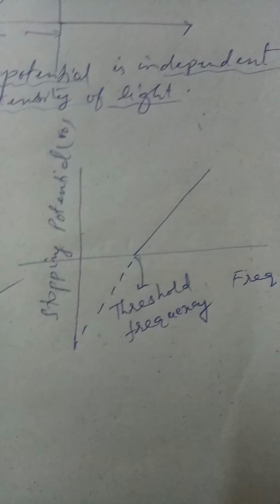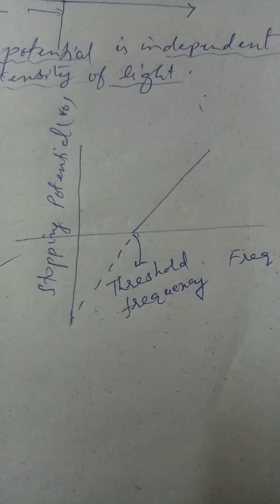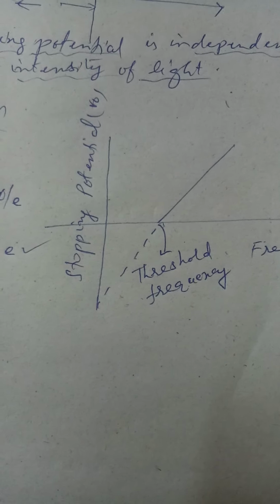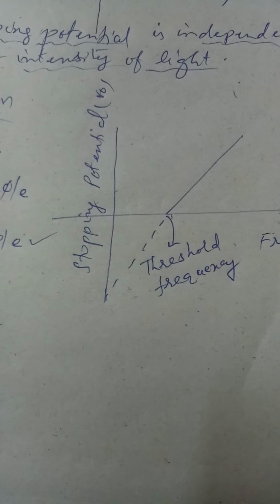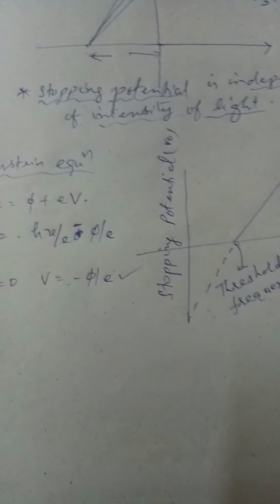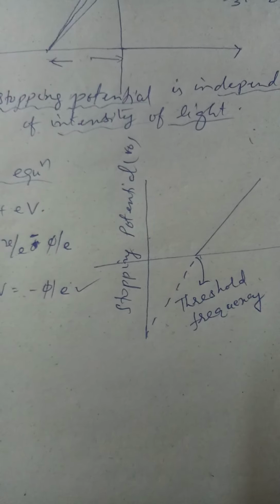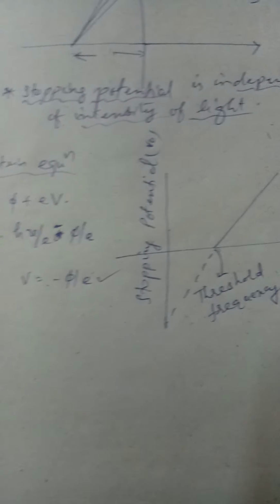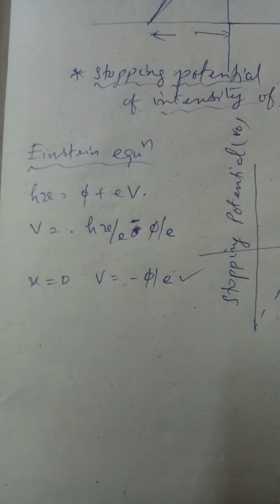Now look at this graph. This graph is a straight line, and this dotted line, if you extend it backwards, you are going to get the value of V0. Okay, it is a negative value in the graph. See, y in the upward direction is positive, in the downward direction it is negative. Same is what you are getting from the expression.